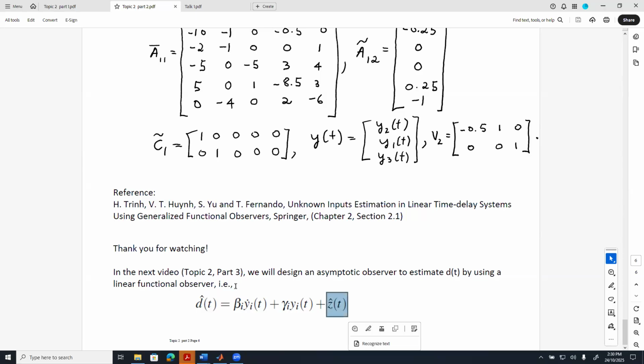And with this representation, with this form, it is the simplest unknown input observer that uses the minimum order linear functional observer, and it uses only one output measurement and its first derivative.